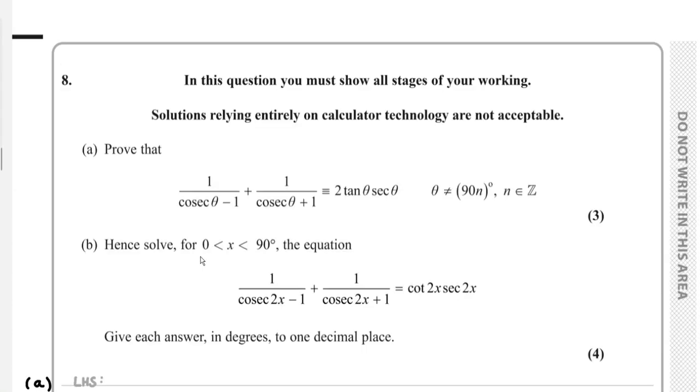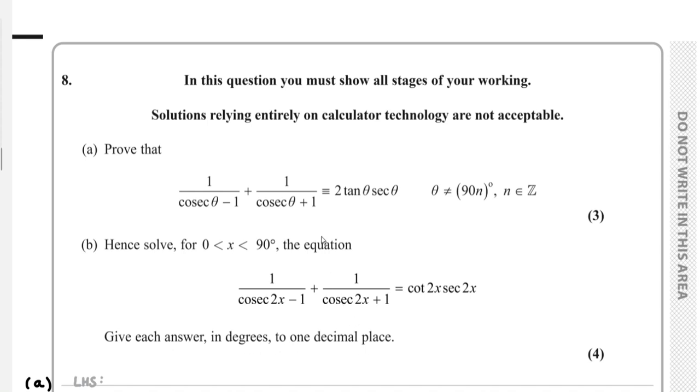Part B. Hence solve for x being greater than 0 but less than 90 degrees the equation 1 over cosec 2x subtract 1 plus 1 over cosec 2x plus 1 equals cot 2x sec 2x. Give each answer in degrees to 1 decimal place.